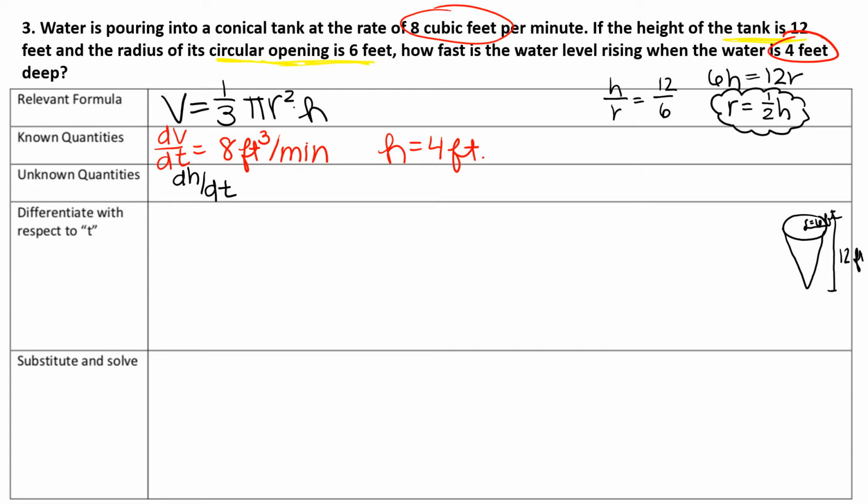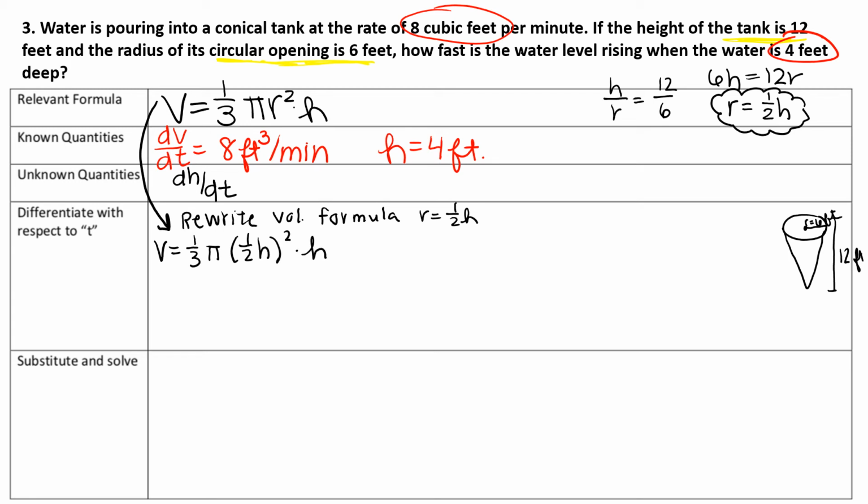Now the reason we've done that is so that we can actually go ahead and rewrite our volume formula. So I'm going to take over a little bit of this box, and I want to rewrite the volume formula, replacing r with 1/2 h. So I'm going to write this as V equals 1/3 pi, and then instead of writing r squared, I'm going to write the quantity 1/2 h squared times h.